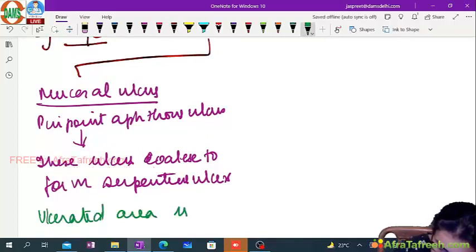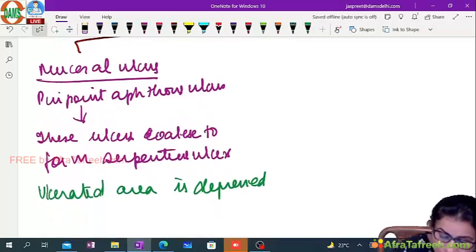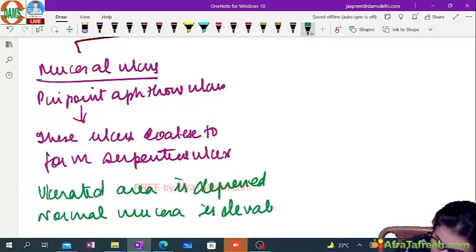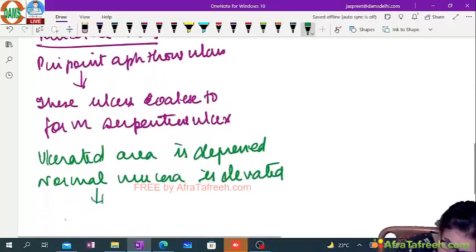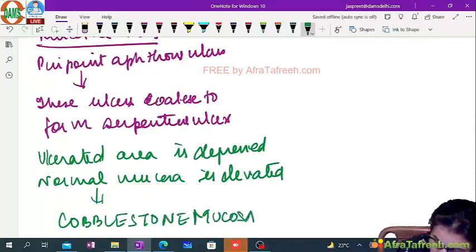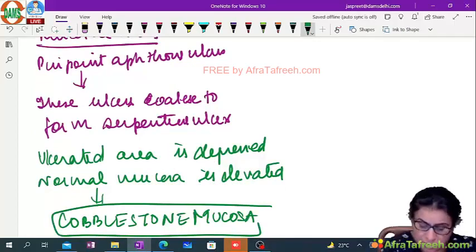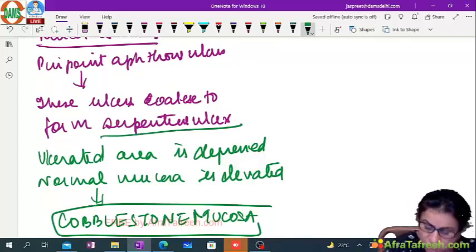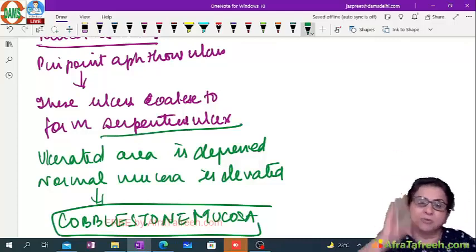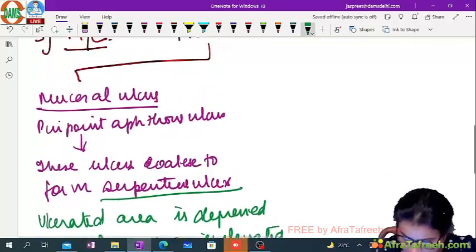So there are pinpoint ulcers which coalesce to form serpentine ulcers. Ulcerated area is depressed, the normal mucosa protrudes up, producing cobblestone mucosa.